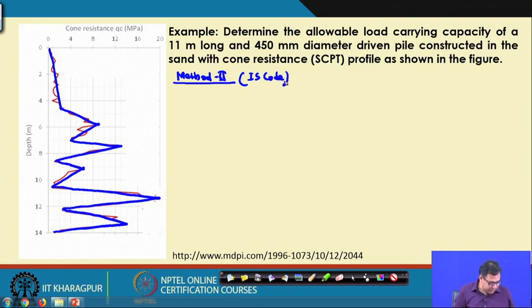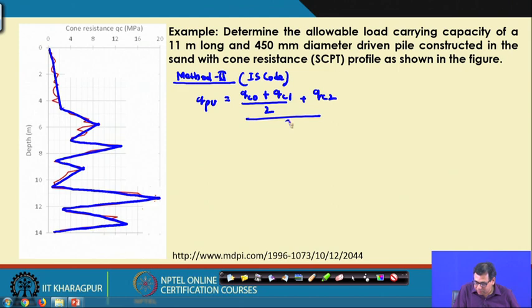The expression is that QPU is equal to QC0 plus QC1 divided by 2 plus QC2 divided by 2.